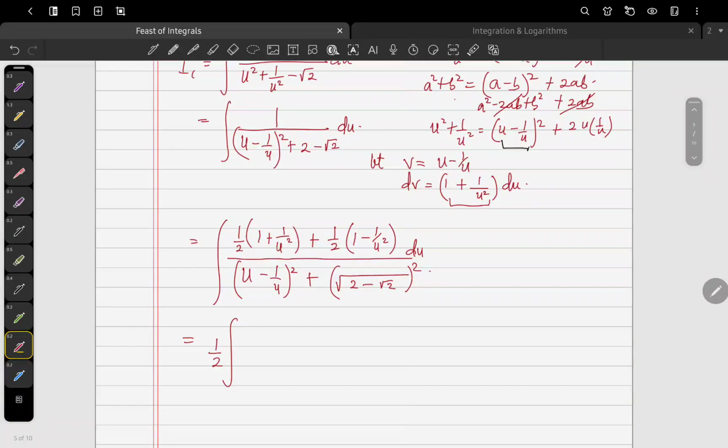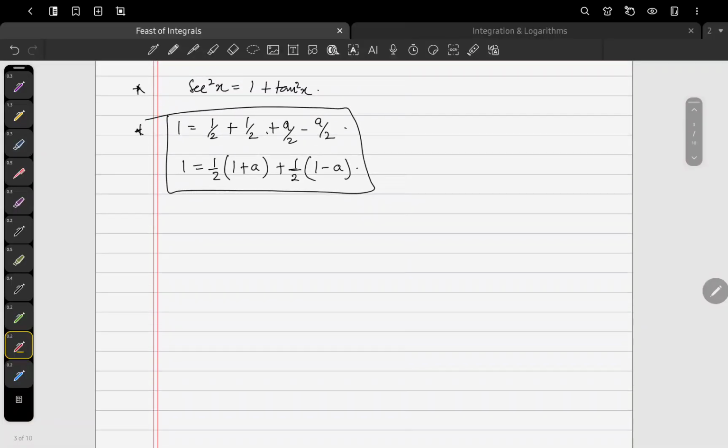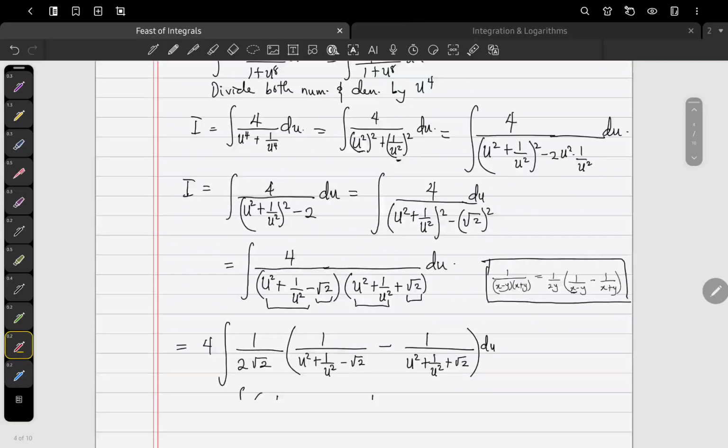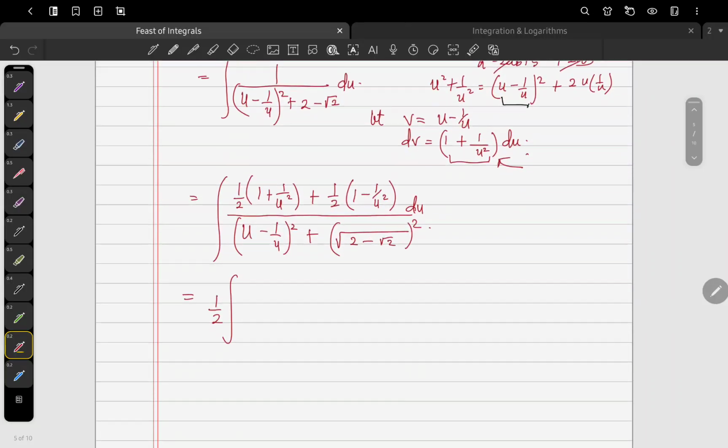That is why I'm using that in my decomposition of 1. So 1 can be 1 plus anything, 1 minus anything, halves of those. But I'm using 1 plus 1 over u squared and 1 minus 1 over u squared because of what we are going to see here.